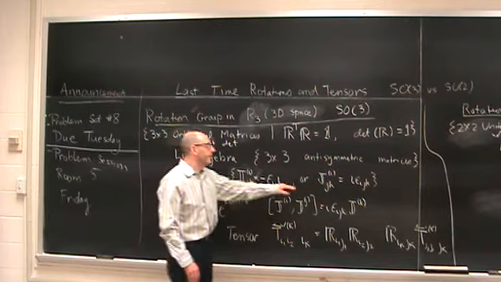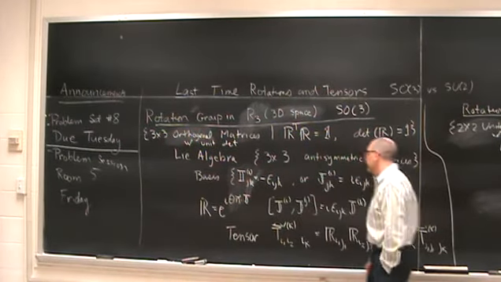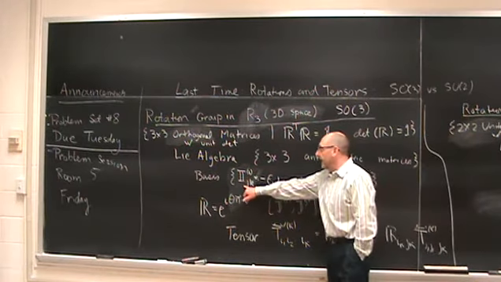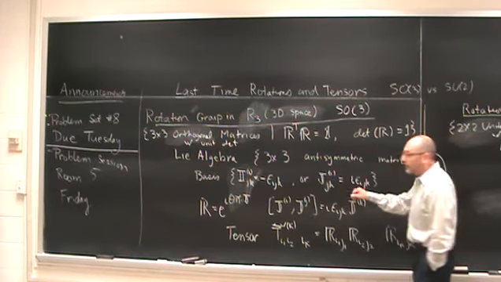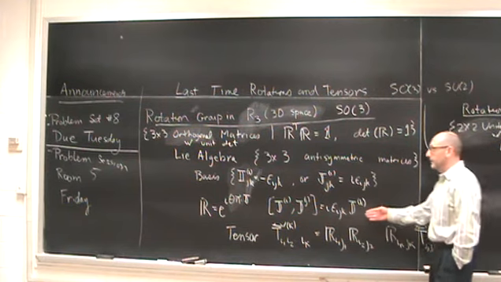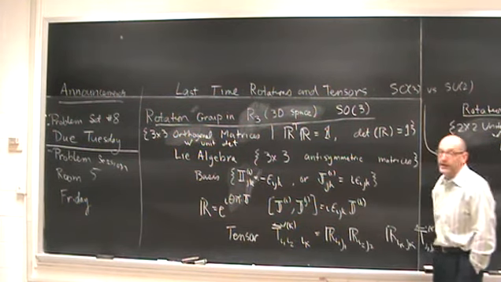And that basis of the Lie algebra is given here, either in terms of real antisymmetric matrices, or we could factor out an i if we like. The algebra is then defined by this Lie bracket. Okay, so this is the group SO3.